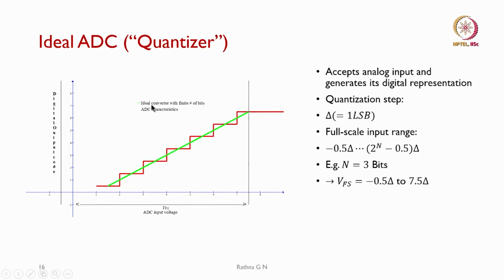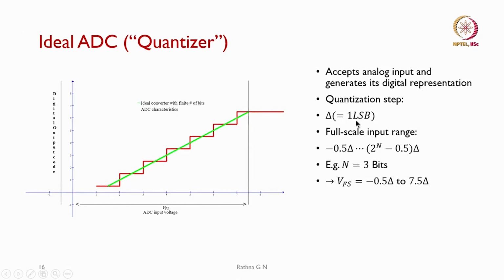What we want is an ideal converter with a finite number of bits. We say that the ADC characteristic is one of the things required. It accepts an analog input and generates a digital representation. So, what is the quantization step? We call it delta. It is going to be 1 LSB.